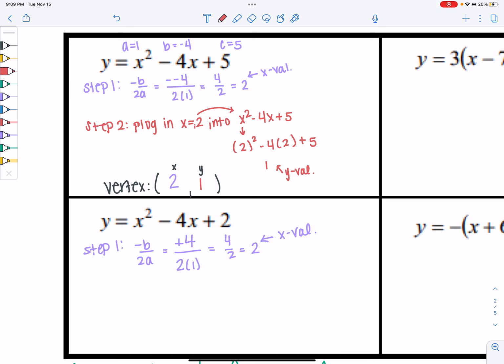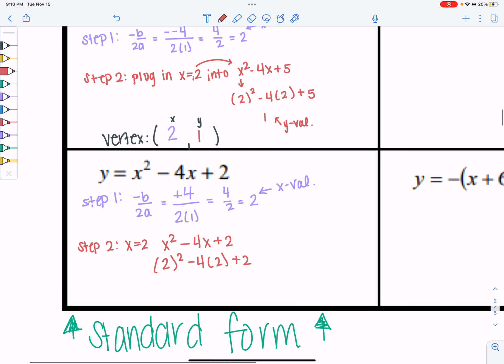Step 2, find the y value. So I'm going to plug in x equals 2 into the equation and get out an answer. So I've got 2 squared minus 4 times 2 plus 2. And that is going to give me negative 2.